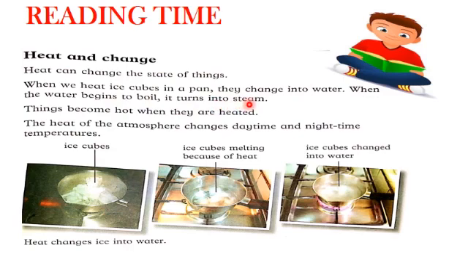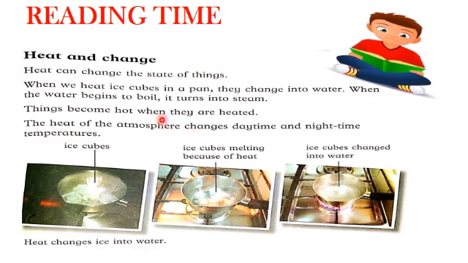You can see here in these images, ice. When we heat the ice cube, it starts to melt because of heat, and becomes water, and on more heating it will start to evaporate.